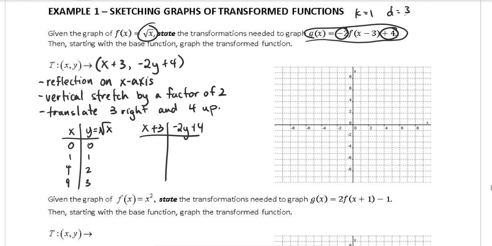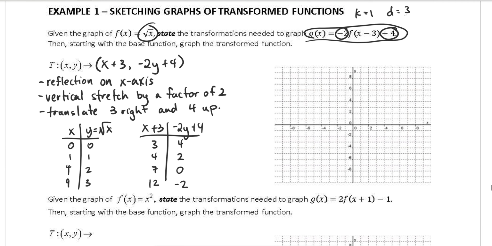So add 3 to every x value, so that's pretty simple. We're going to have 3, 4, 7, and 12. For every y value, multiply by negative 2 and add 4. So the first one will be 4. Next one will be positive 2, and 2 times negative 2 is negative 4 plus 4 is 0. 3 times negative 2 is negative 6 plus 4, which is negative 2. So there are my transformed coordinates.